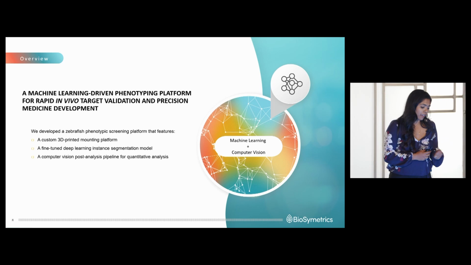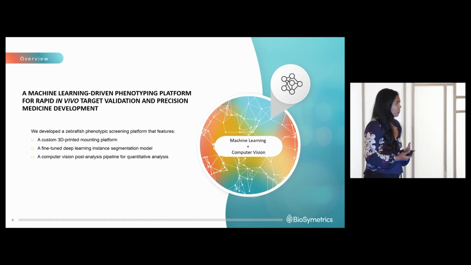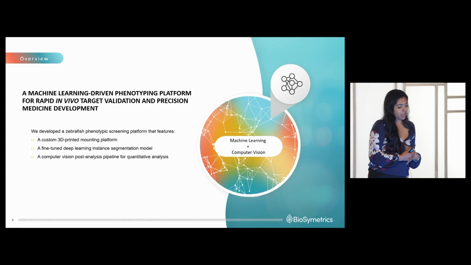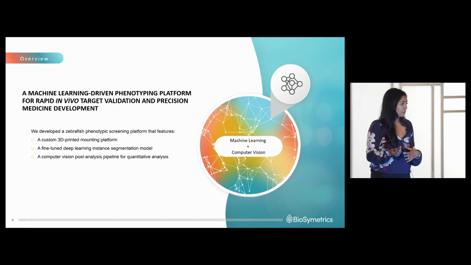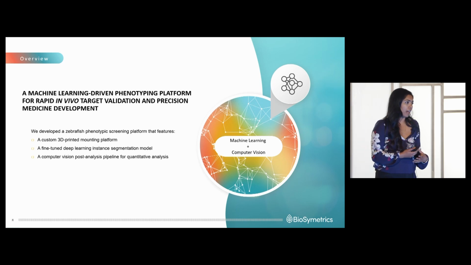And then three, a computer vision post-analysis pipeline for quantitative analysis. So these three components all together is what our zebrafish screening platform is built upon. And for this specific talk, we'll only be looking at the cardiac phenotypes.